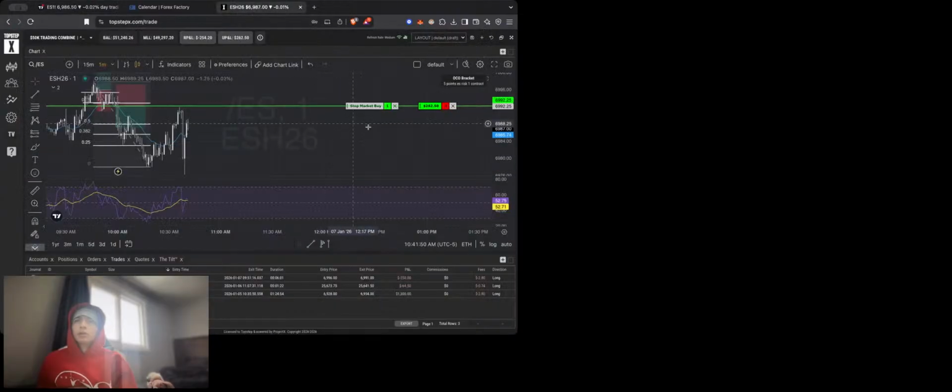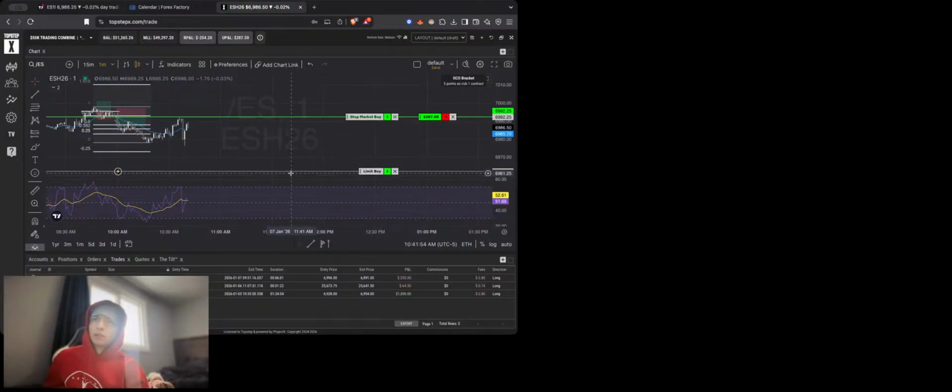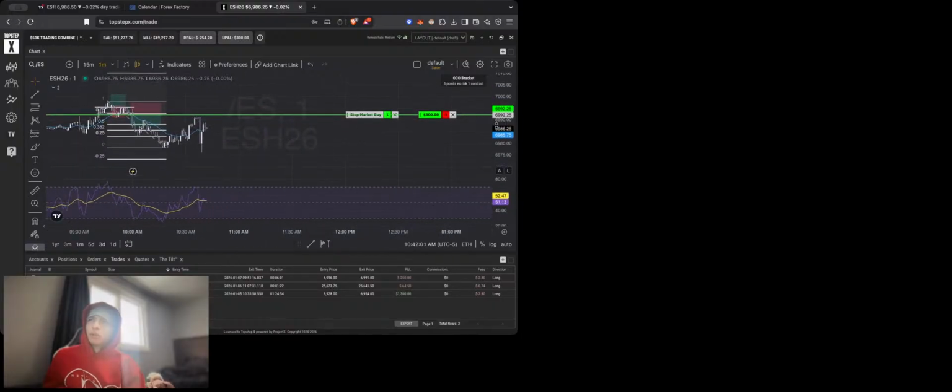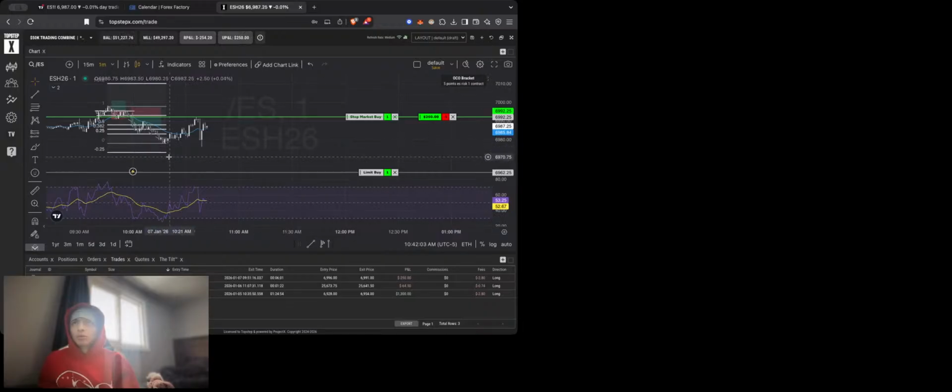I feel like we should try and just target the low of this range, because I don't know if it's gonna hit these levels down here. But what's going on? Guess we'll just continue to hold. I mean, there's still risk free.